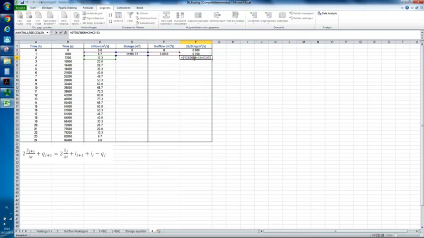So we know here 2 times Sj, Sj will be this value now, divided by 3600, plus Ij plus 1, plus Ij minus Qj. So that is correct now. Now we know that we need to find a value of 26.628.